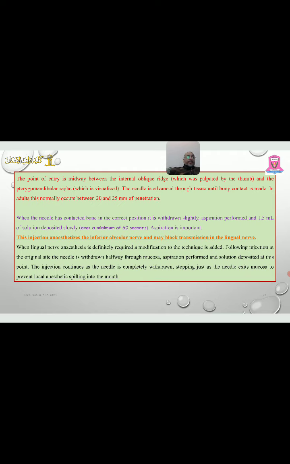Following injection at the original site, the needle is withdrawn halfway through the mucosa, aspiration is performed, and the solution is deposited at this point.